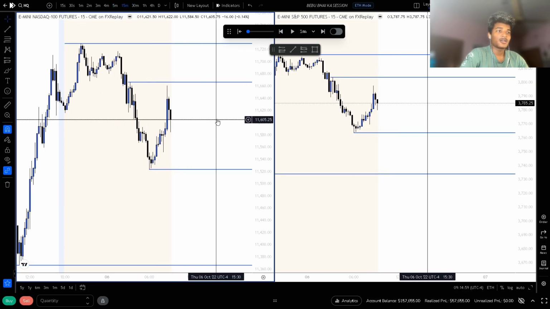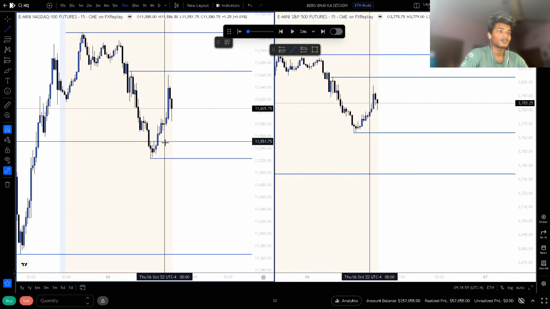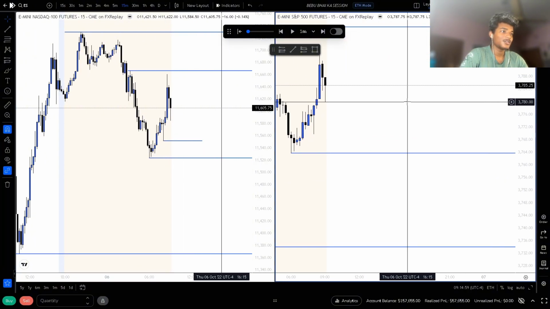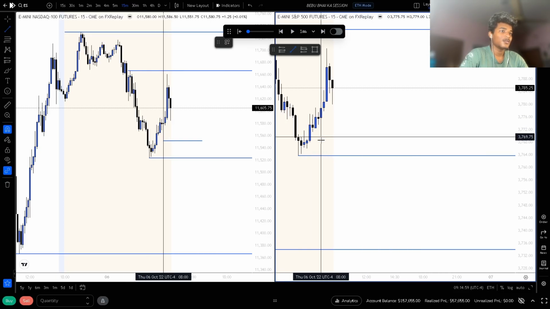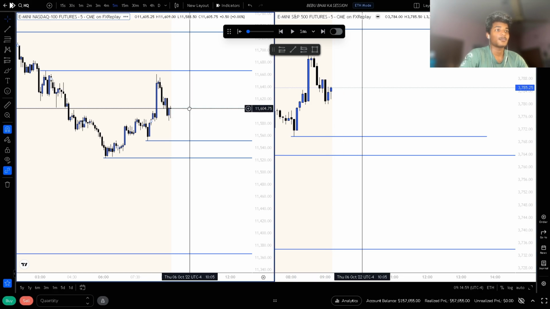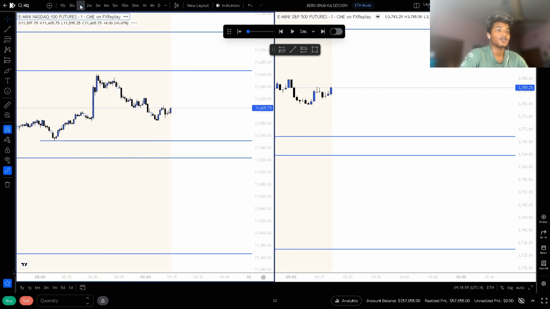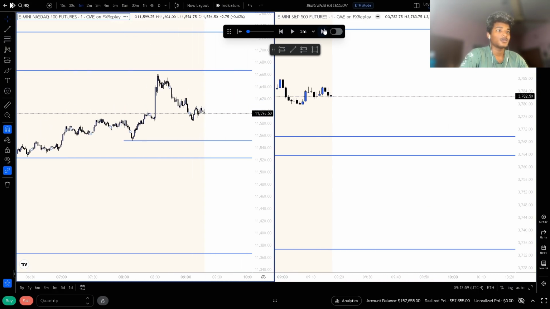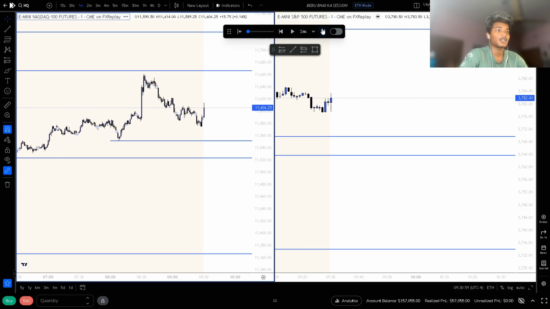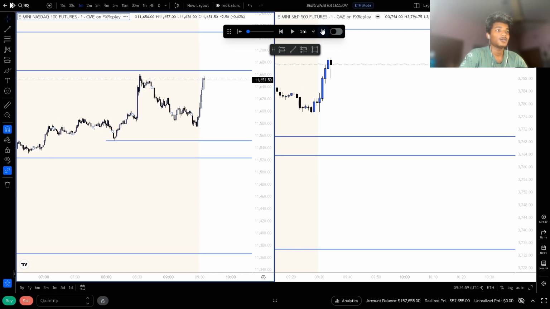And 15-minute is pretty much bullish in short term as well. So let's just see the market. Market is gonna manipulate lower, I do think that. Let's just see. So market open is here and market manipulated up higher.